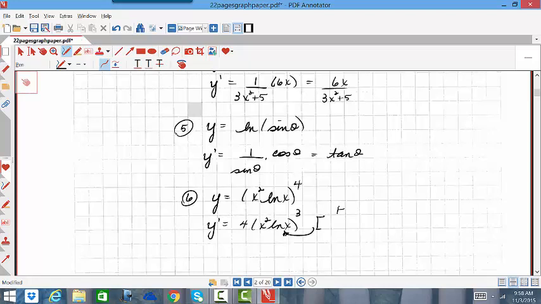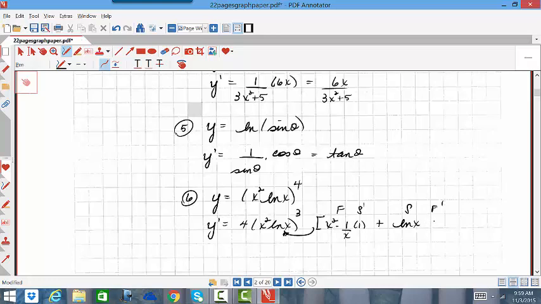So it's going to be the first, which is x squared, times the derivative of the second, which is the derivative of natural log of x, which is 1 over x, times the derivative of x, which is 1. There's the first times the derivative of the second, plus the second, which is the natural log of x, times the derivative of the first.